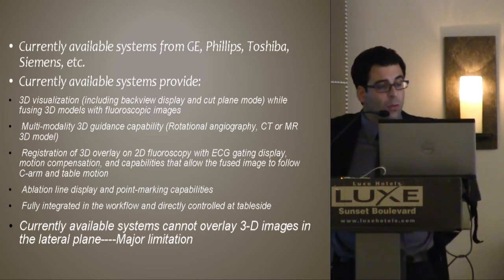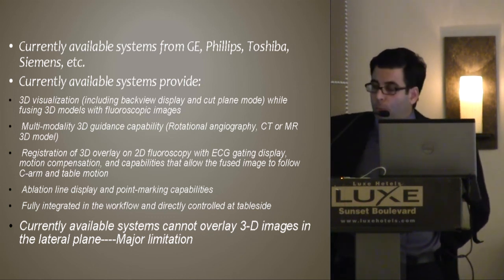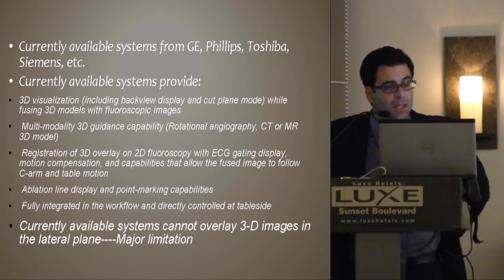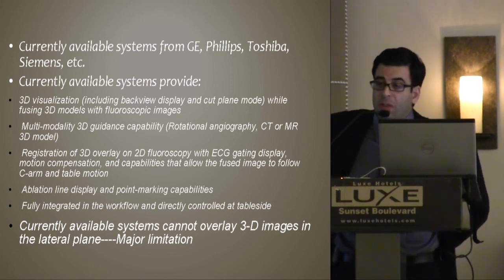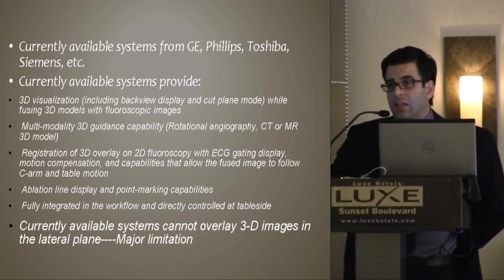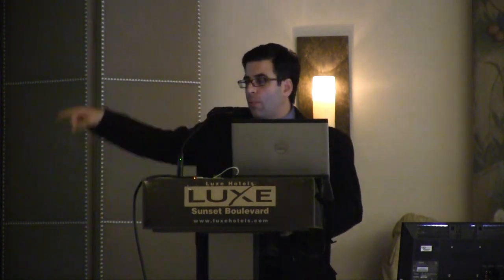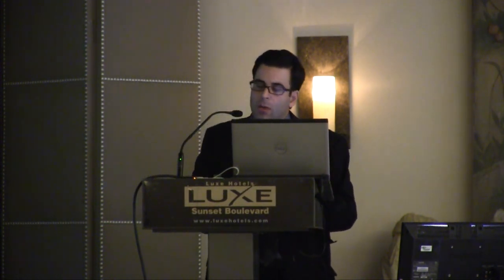For EP, it'll give you an ablation line display, and there are point marking capabilities. And it should be fully integrated at the bedside. If you have to scrub out and go back and sit down and play around and then scrub back in, that's going to be really tough. So you really need technologists who are on board with you.